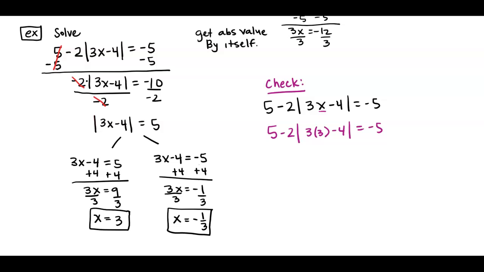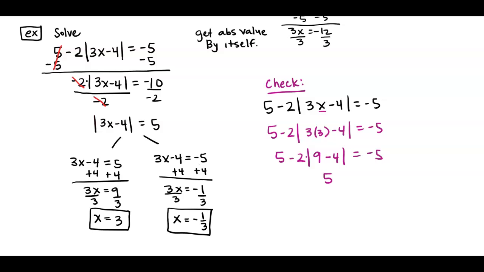So again, if I'm simplifying this with order of operations, I need to do what's inside the absolute values first because those are kind of like parentheses. So I'll have 5 minus 2 times the absolute value of 9 minus 4 equals negative 5. Well, 9 minus 4 is 5. And remember, this is connected by multiplication there.